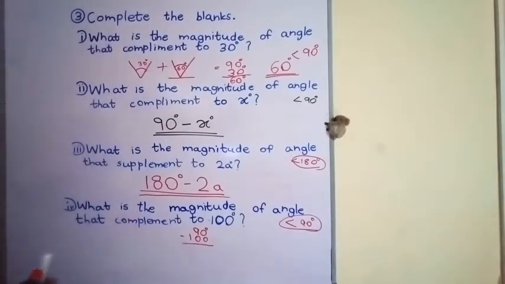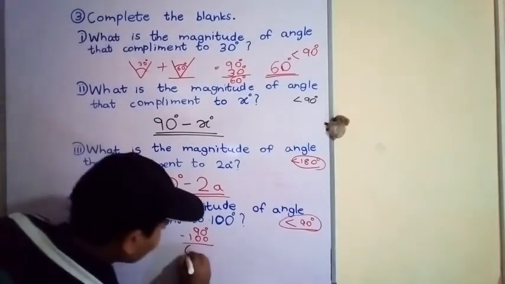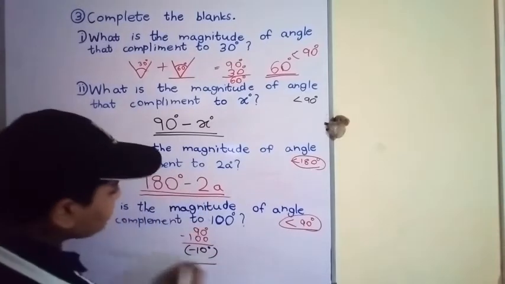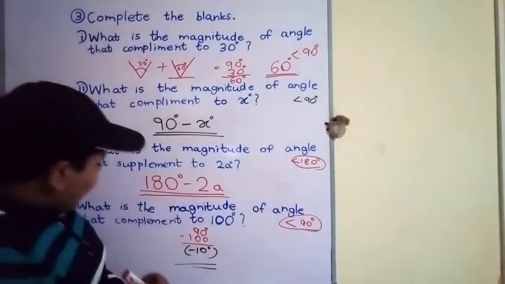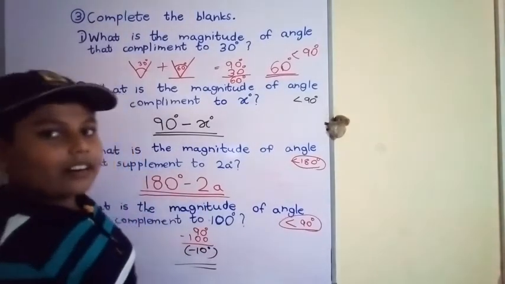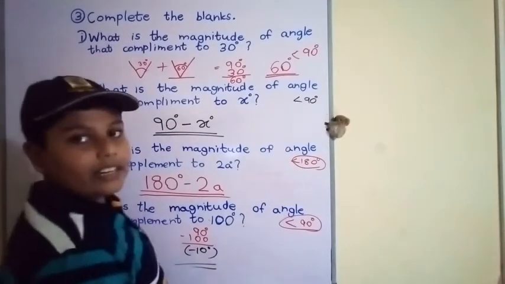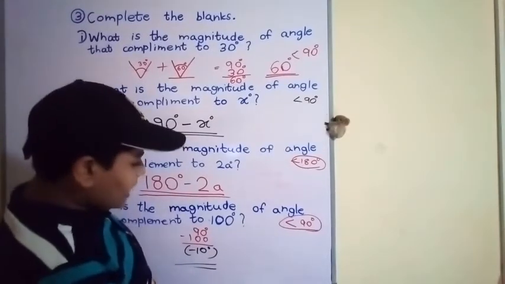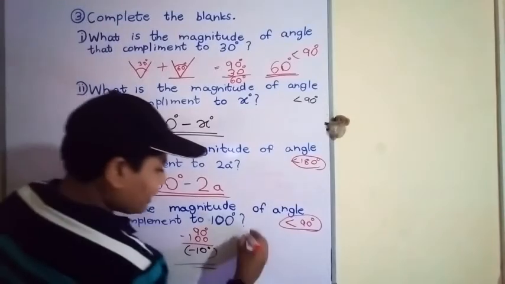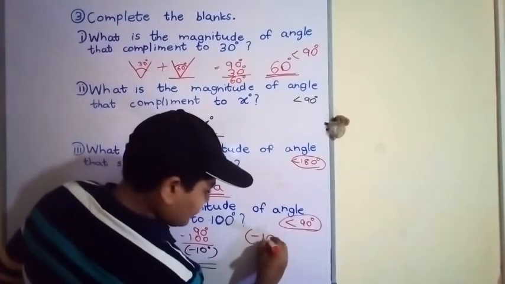Is it 10? Yes, and the answer is minus 10, because the angle is 100 but the sum is 90. So you write the answer minus 10.